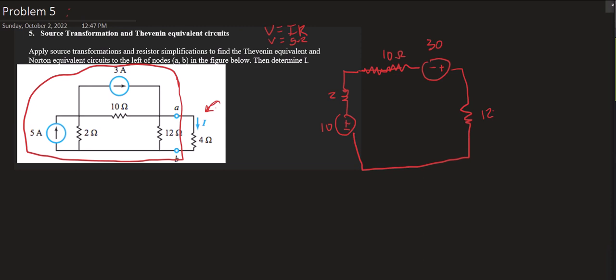If we look at our voltage sources, if we travel along the wire, we're going minus, plus, minus, plus. That means that they're going to add together. If they were opposite, if it was minus, plus, plus, minus, then they would subtract. But they will add together, so that will give us a voltage source of 40.